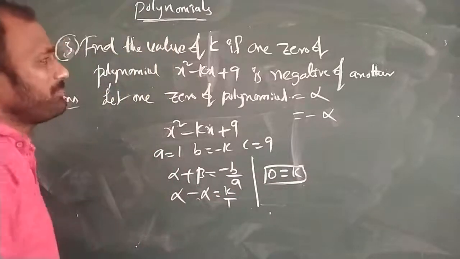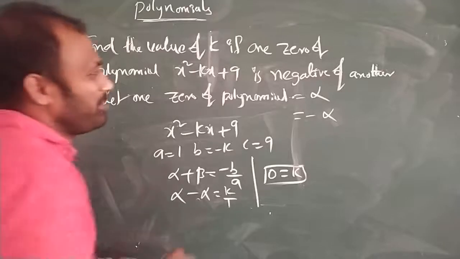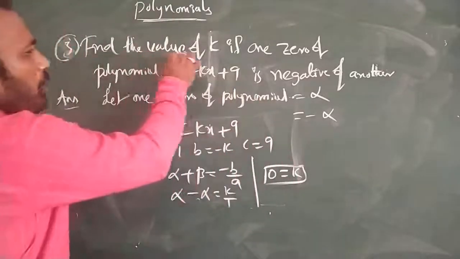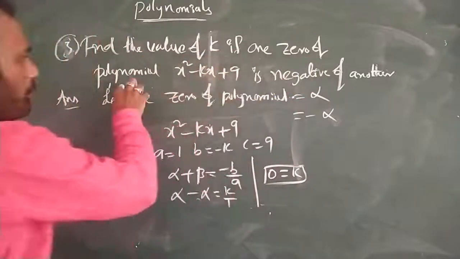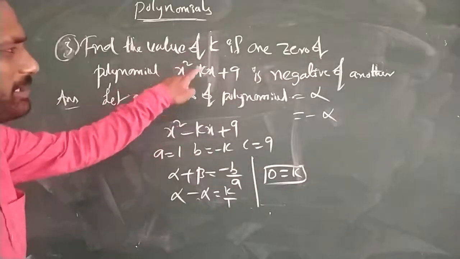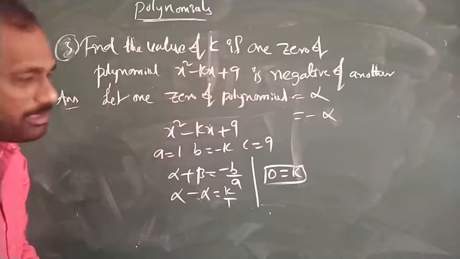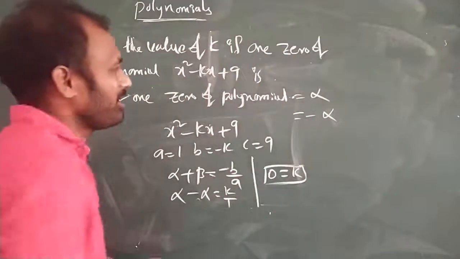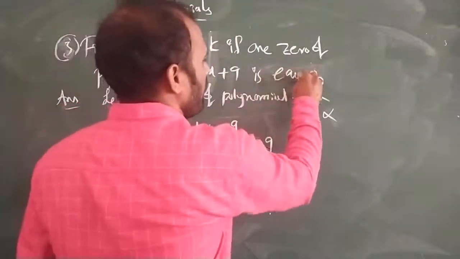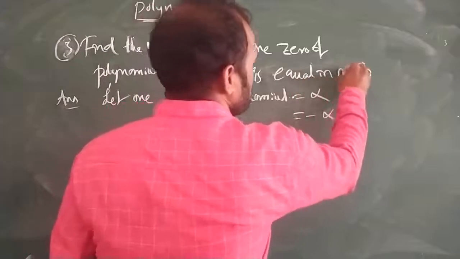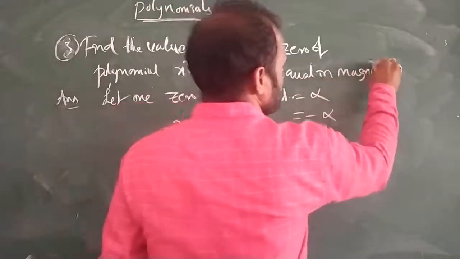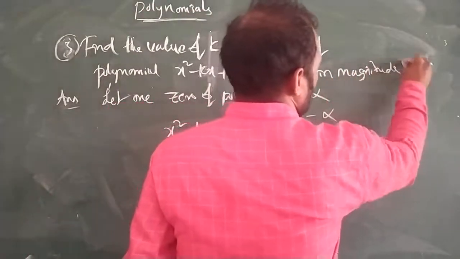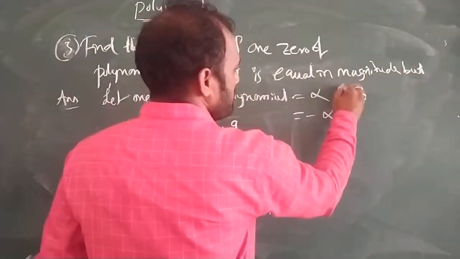The same question can be asked in another way: find the value of k if one zero of the polynomial x square minus kx plus 9 is equal in magnitude but opposite in direction.